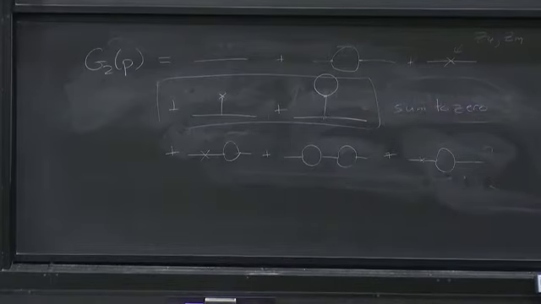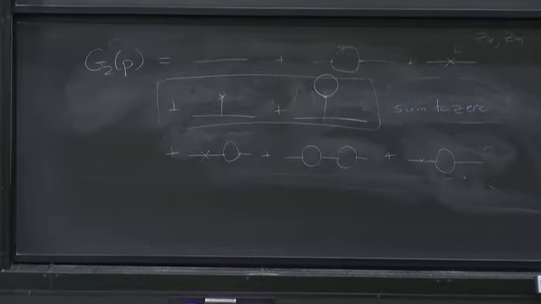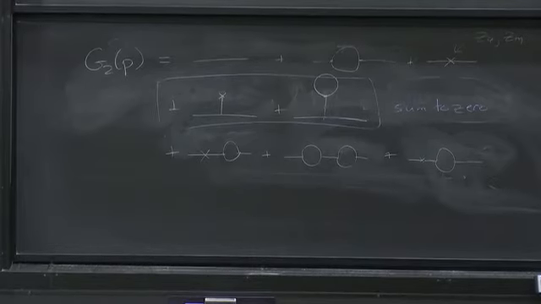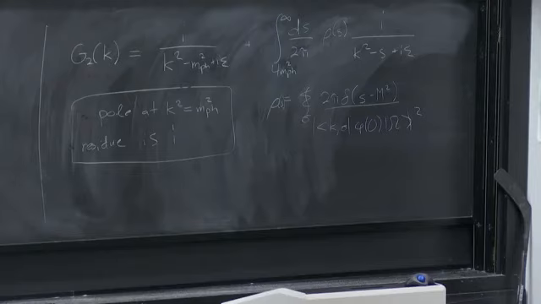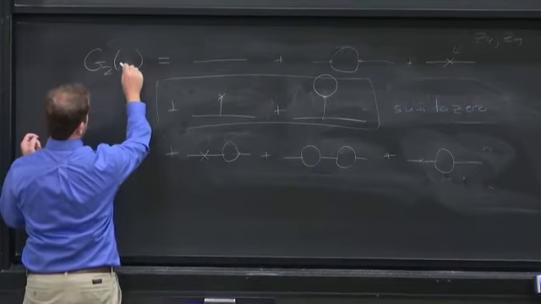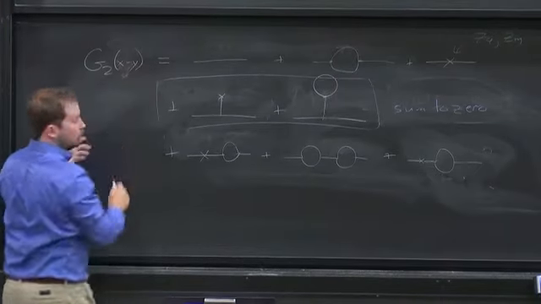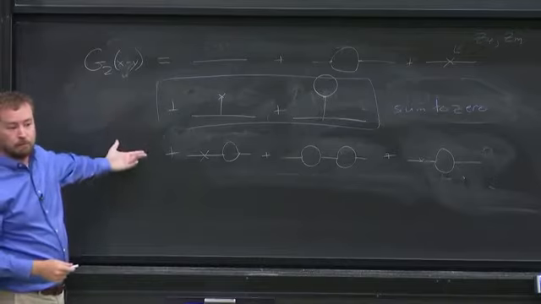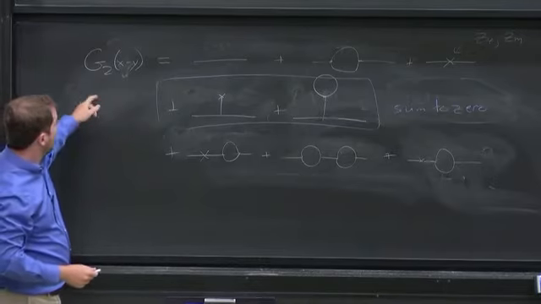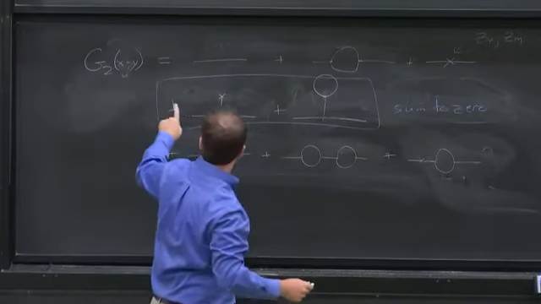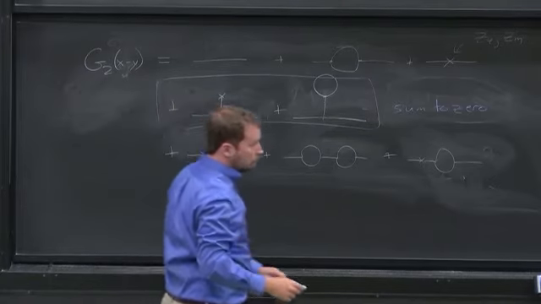Where are the Feynman diagrams coming from? So G2 of P is a 2-point correlation function. If you like, we could write the same diagrams would contribute to G2 of x minus y. And we could take the Fourier transform. Is that the same thing as the one we found from the spectrum?